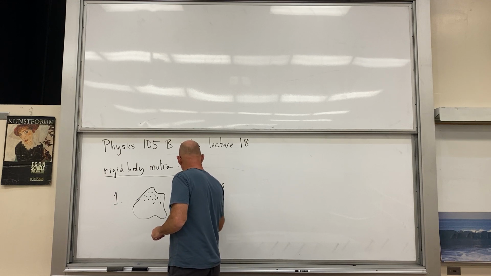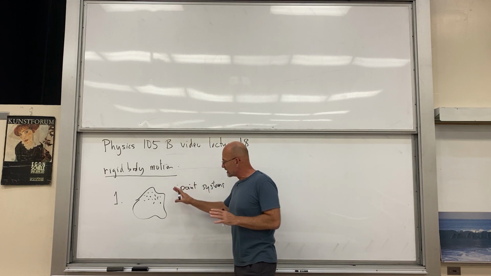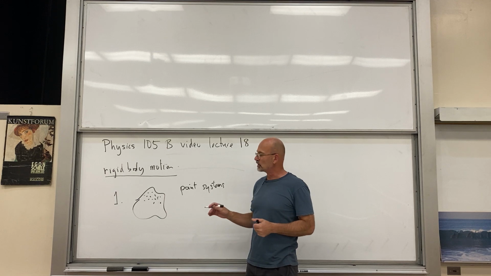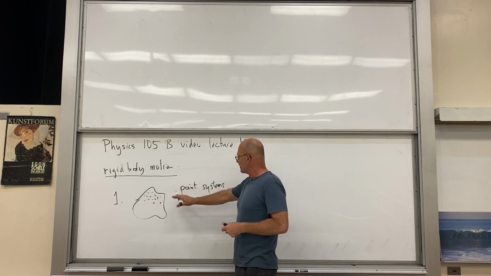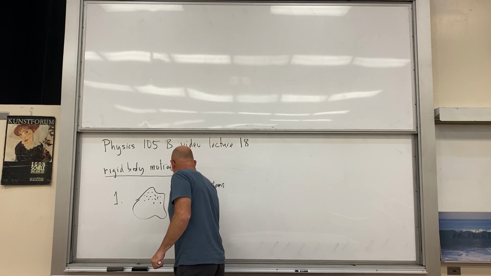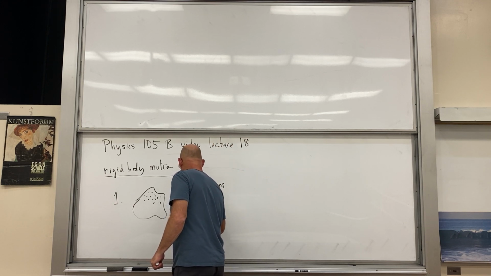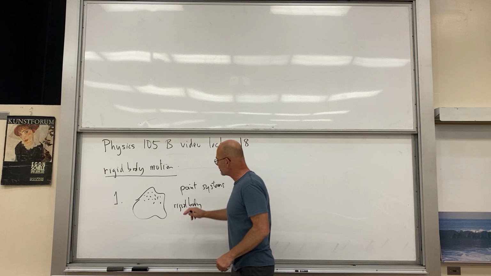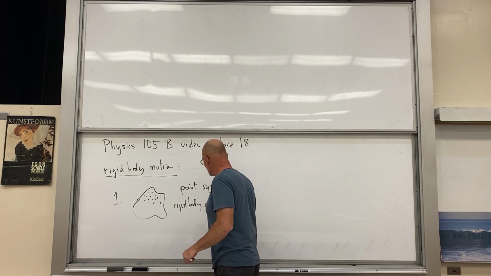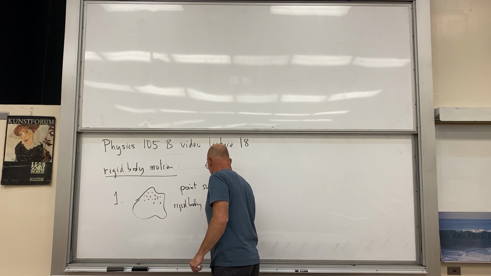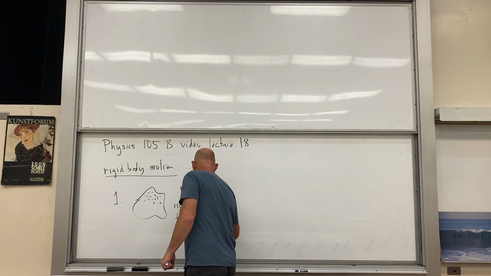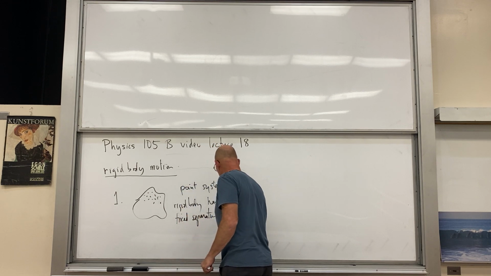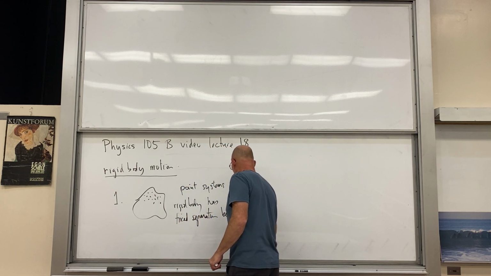So that's how this theory will fit into the general theory we've been doing. We have conservation laws that we get to inherit, but the rigid body has fixed separation distances between the point masses.